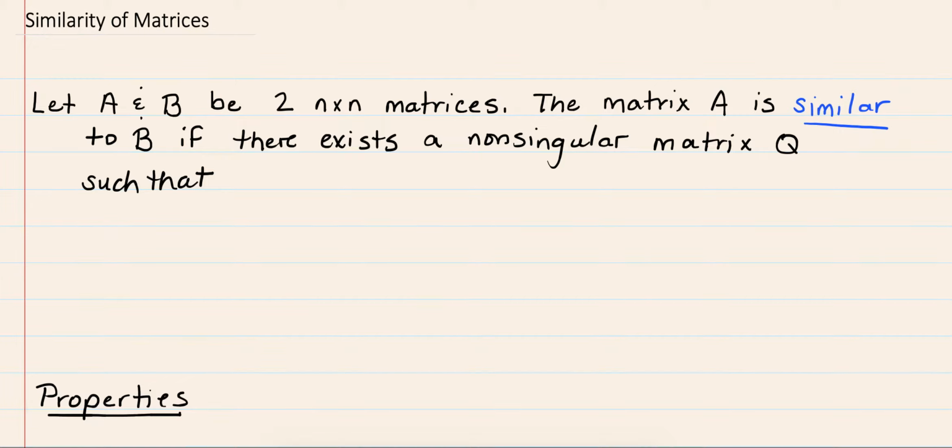The next topic we're going to discuss is similarity of matrices. Suppose we have two matrices, A and B, and they're both n by n matrices, so they're the same size and they're square.